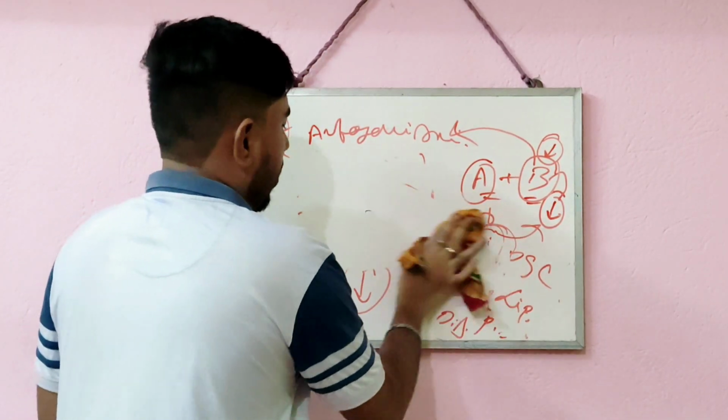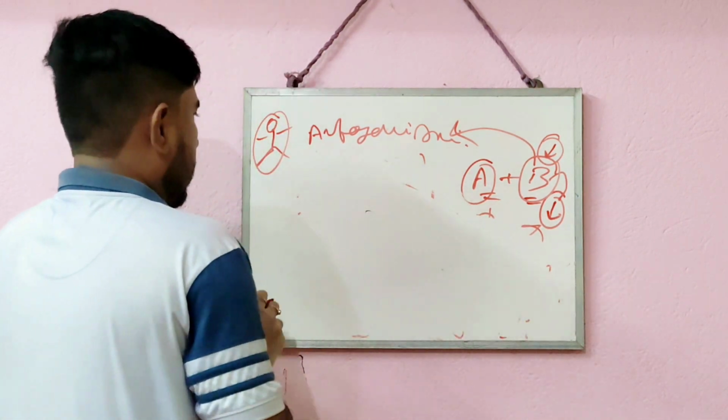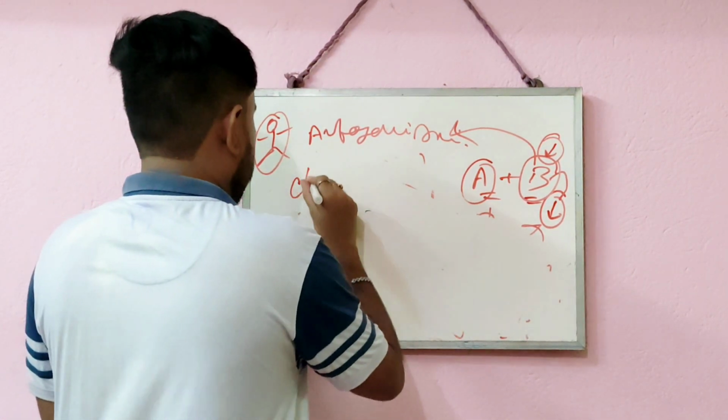The second type of antagonism that we have to study is chemical antagonism.